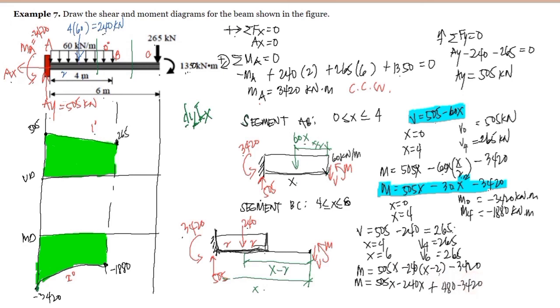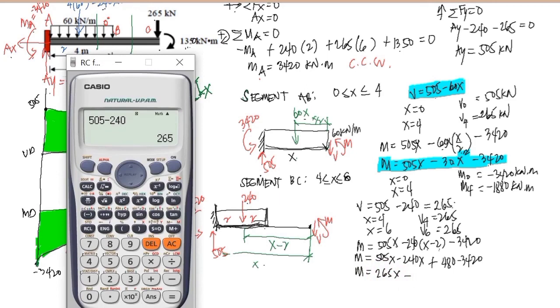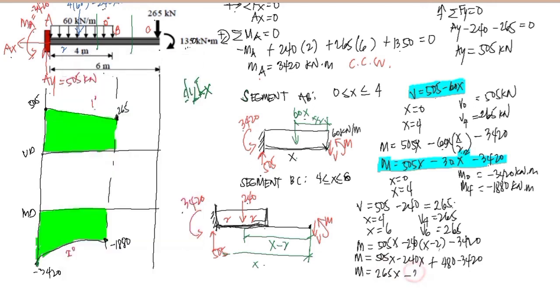So simplifying further, we have here the moment is equal to 505 minus 240, that is 265x, minus, since we have 480 here, minus 3420, and that is 2940. So this is 2940.